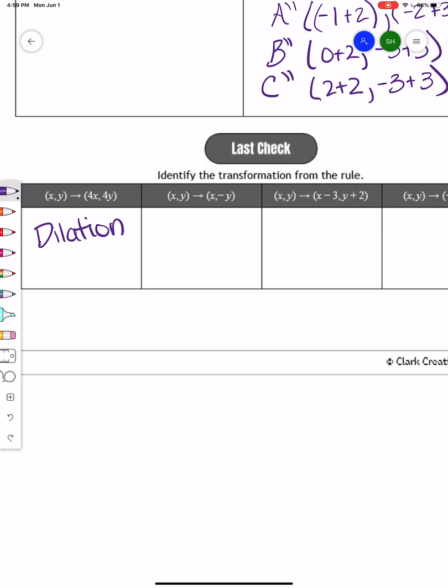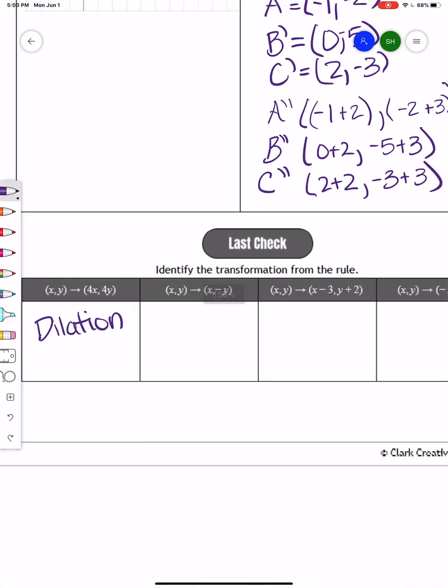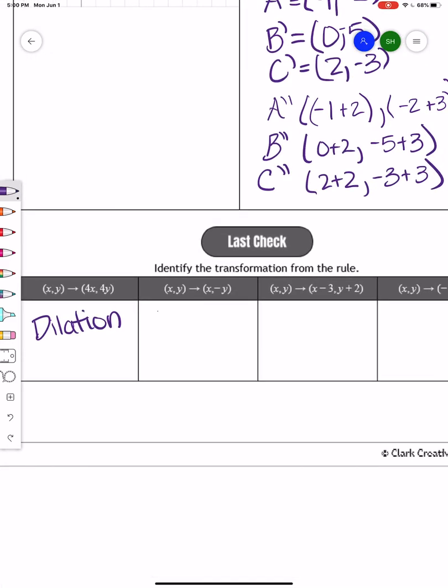So when you have a negative y from your original, you are reflecting over the x-axis.